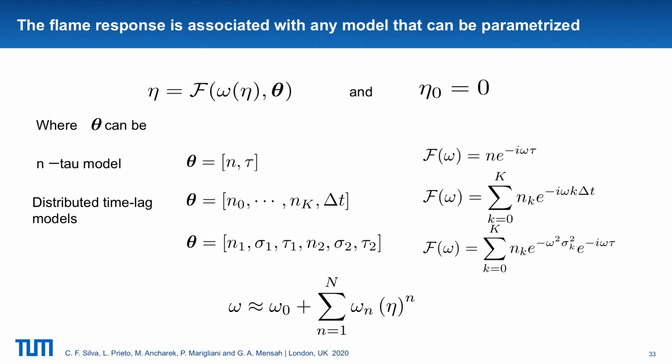The flame model can be any kind of model that can be parametrized. So for example, we can consider the classical n-tau model. Here we have the interaction index and the time delay. We can consider also a distributed time lag model, like the one that comes from the finite impulse response. You can see it in here. Or also this model that accounts for the Gaussian distribution of the time delays and can be expressed, for example, in such a way.